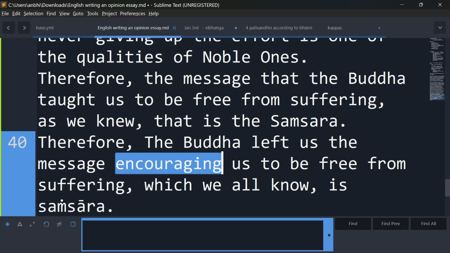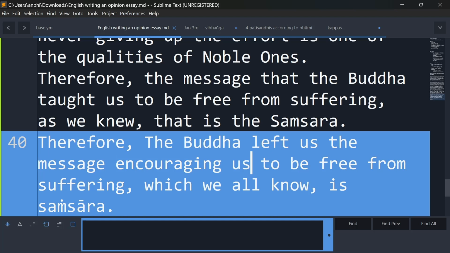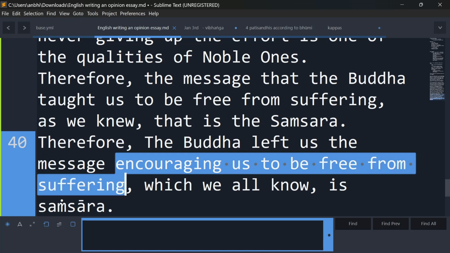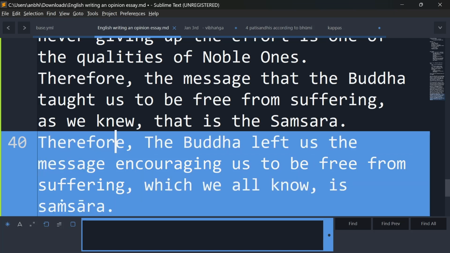And this message encouraging us, and now you use an infinitive over here, to be free from suffering. Before encouraging, maybe... no. The Buddha left us the message.